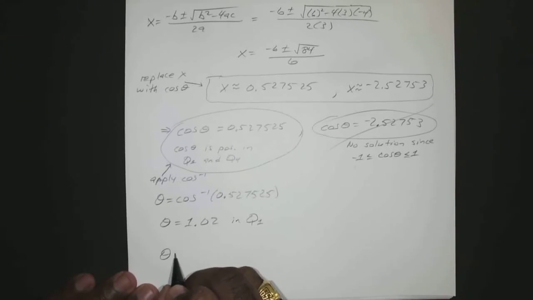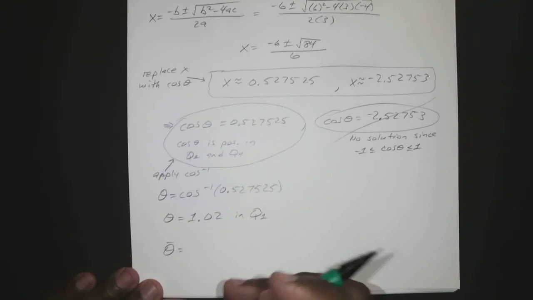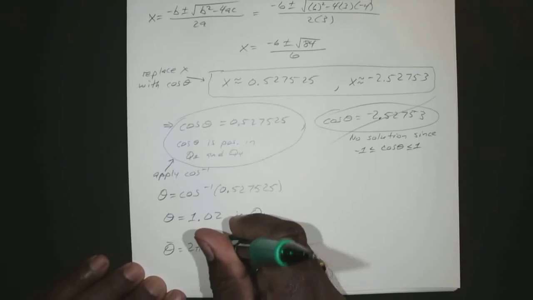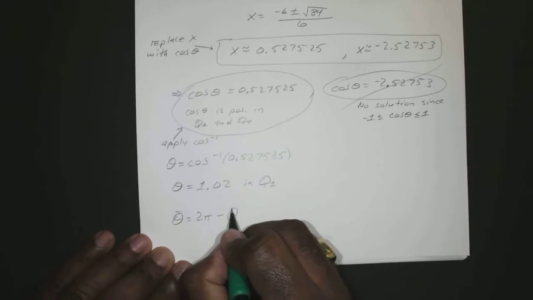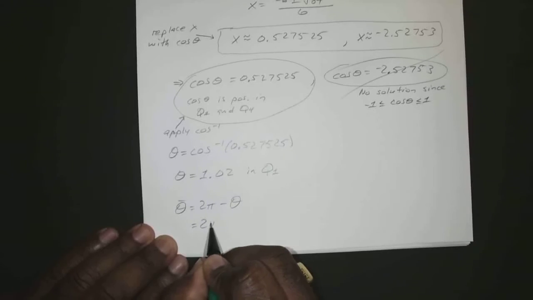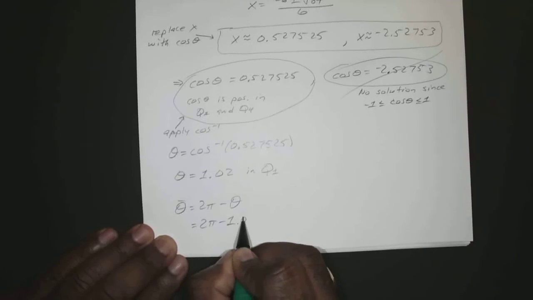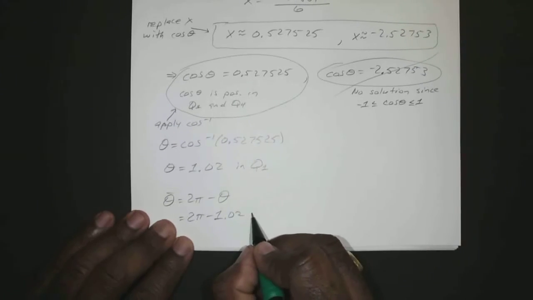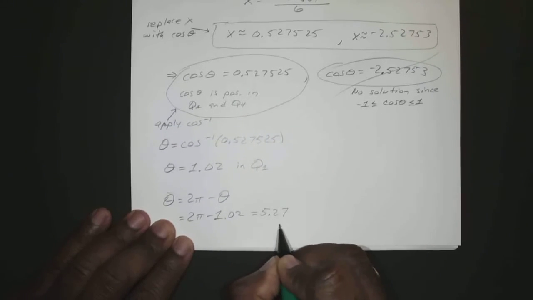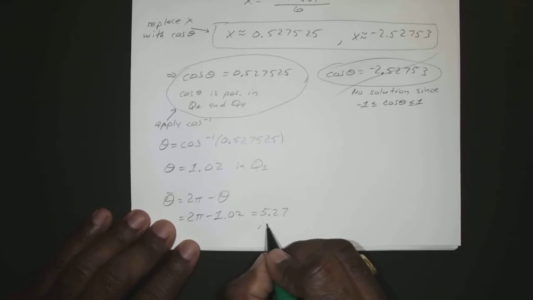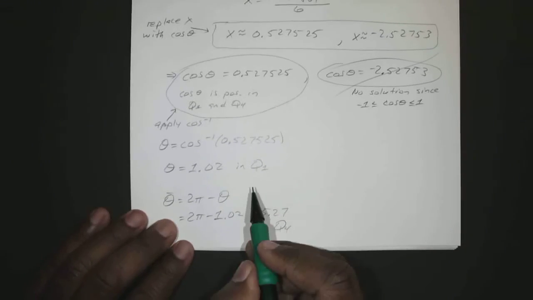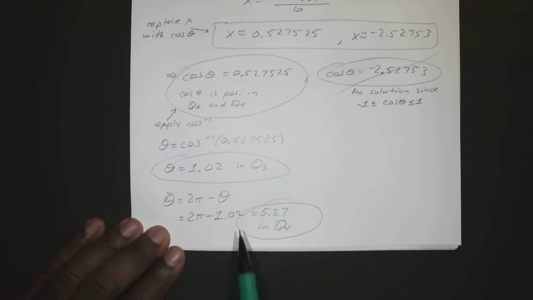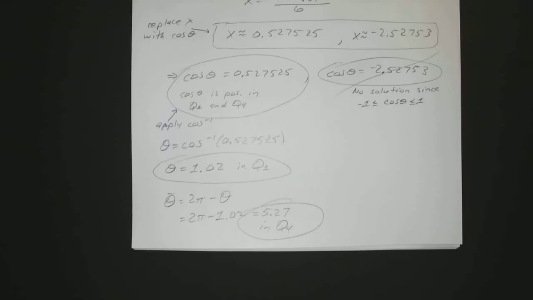So theta is going to equal 2 pi minus your theta, which is 2 pi minus 1.02, which is 5.27 in quadrant 4. Okay, so 1.02 and 5.27 is your final answer.